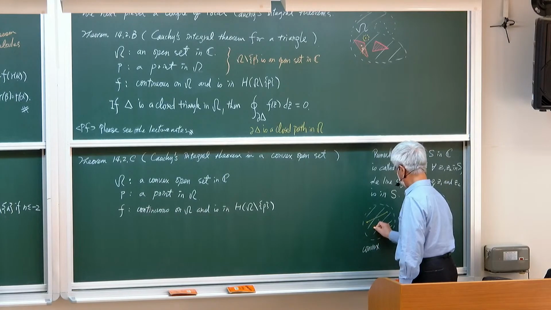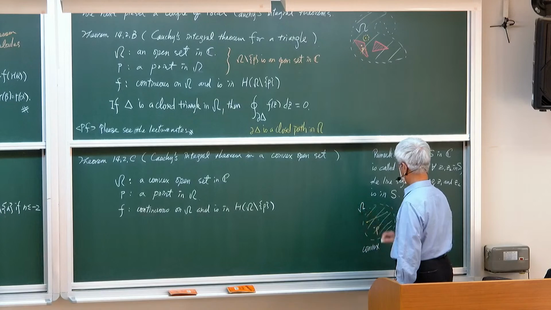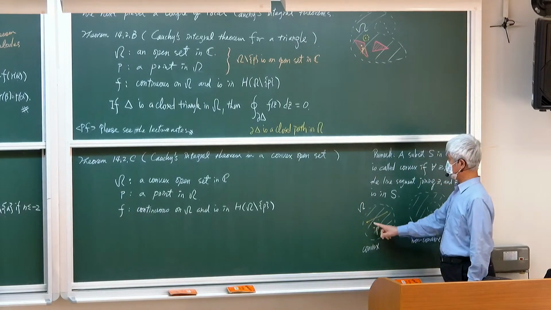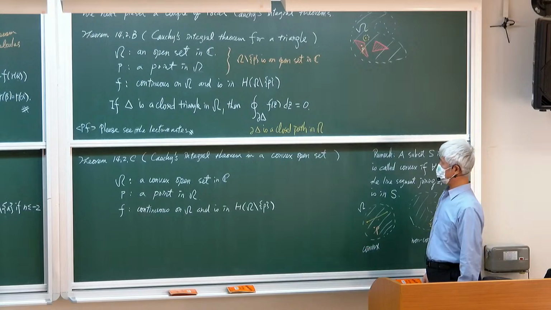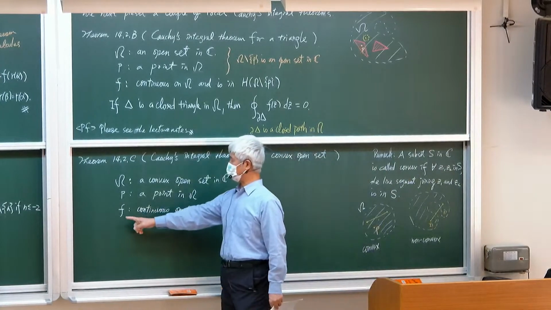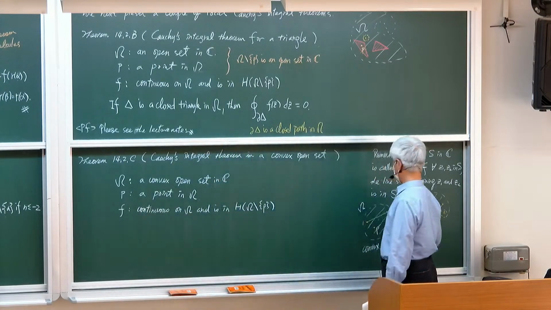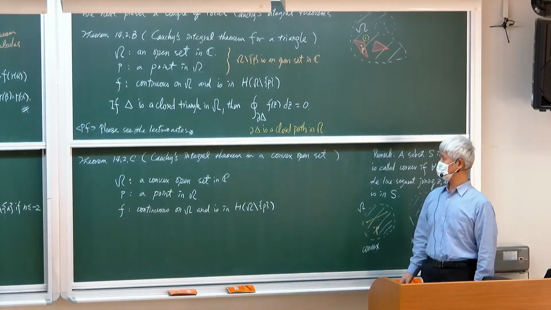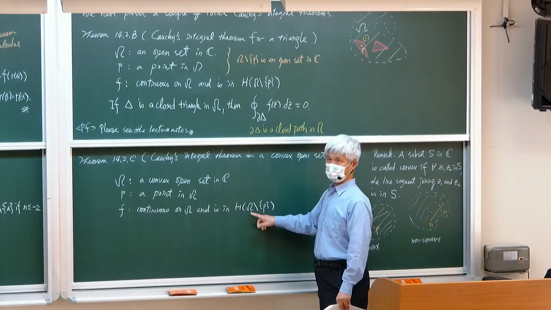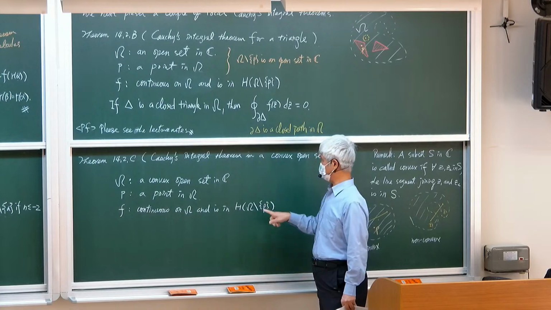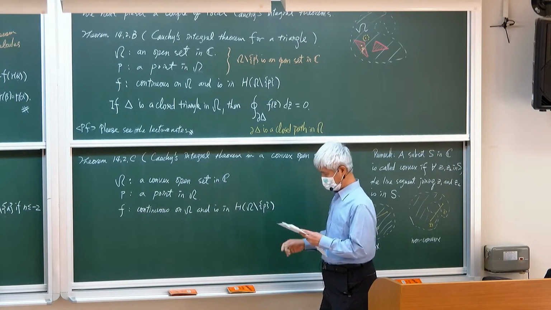So you may have a P here, and omega. So this is a convex open set, right? And we have a complex function, which is continuous on the whole open set, and is analytic at every point in this open set omega, except a point P in omega.